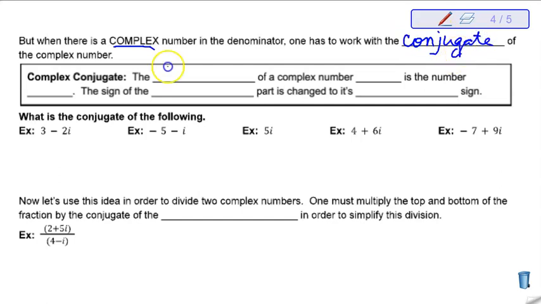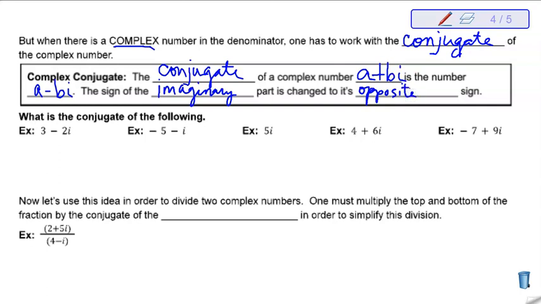The conjugate of a complex number a plus bi is the number a minus bi. So what did I do? The a's are still the same, but the b's are now the opposite. So the sign of the imaginary part is changed to its opposite sign.